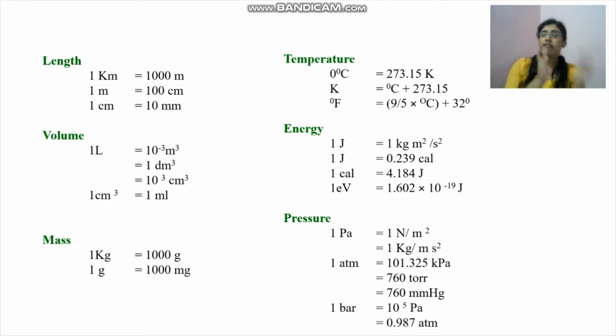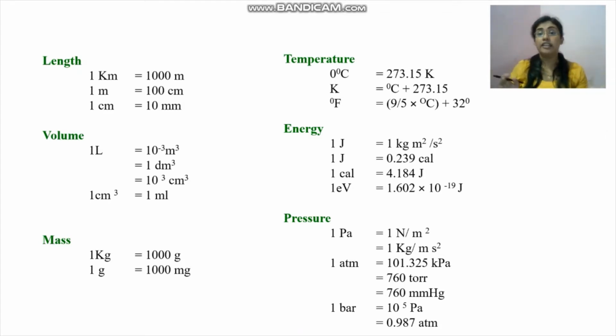And next is Fahrenheit and Celsius conversion. If I have a temperature in Celsius, I can convert it to Fahrenheit: the temperature in Fahrenheit is 9 by 5 into the temperature in Celsius plus 32.